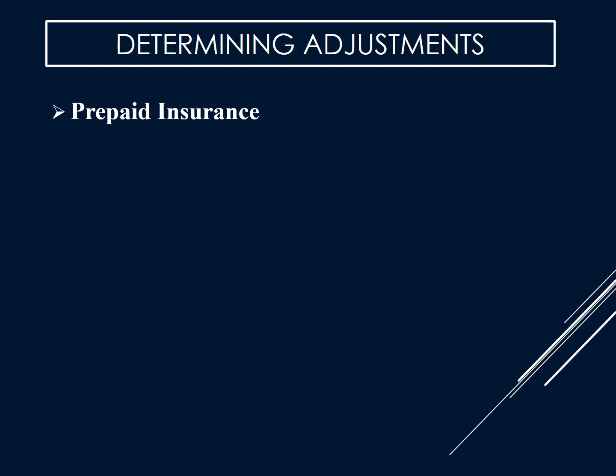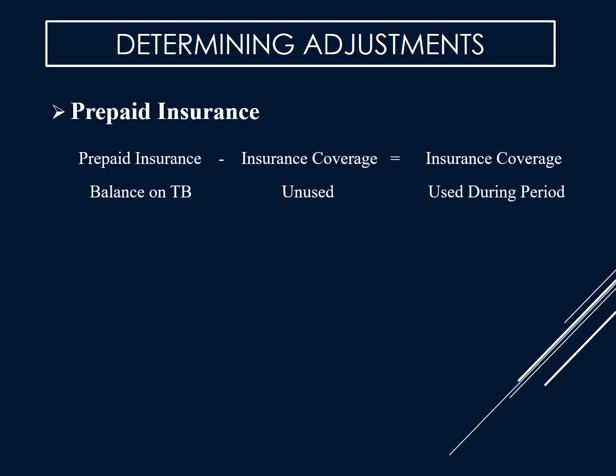The second account that needs adjusting is our prepaid insurance account. We will take our prepaid insurance balance on the trial balance. We will subtract the insurance coverage not used to determine how much insurance coverage has been used or expired during the period. In this case, our prepaid insurance account on the trial balance has $1,200.